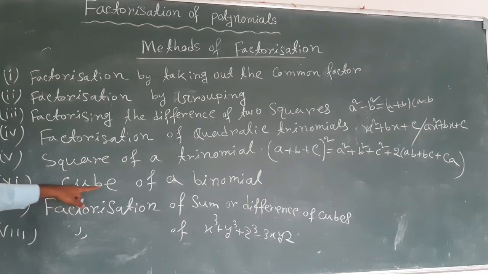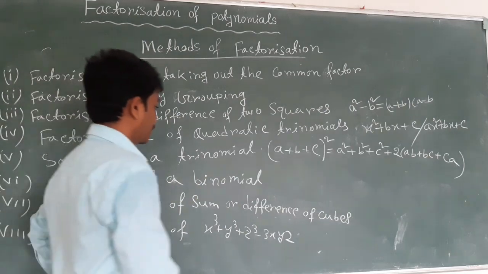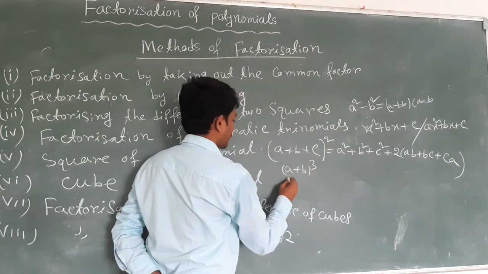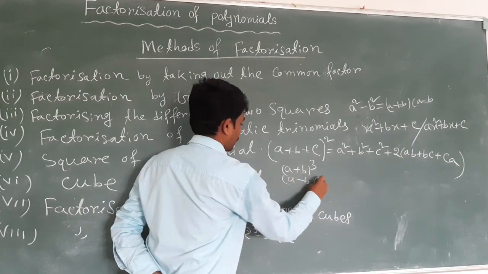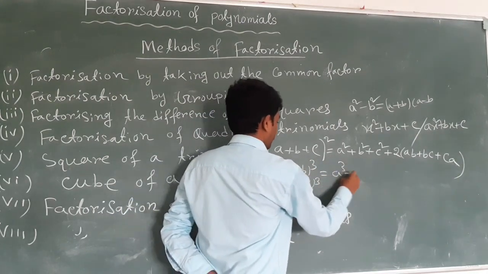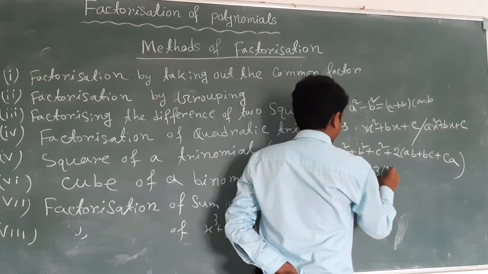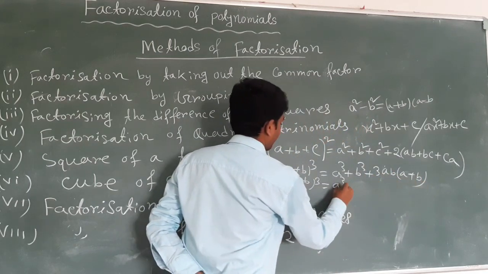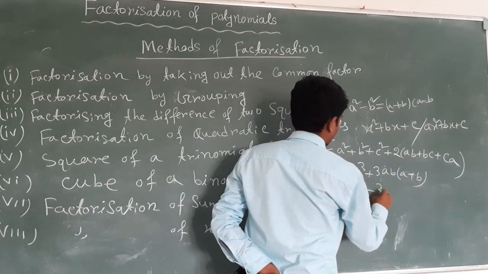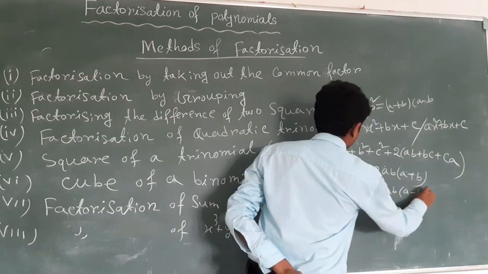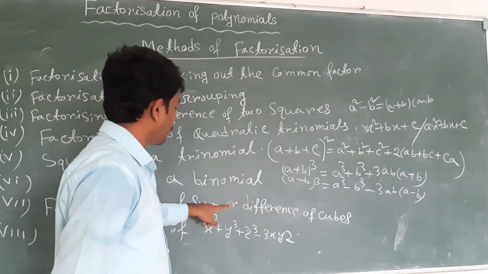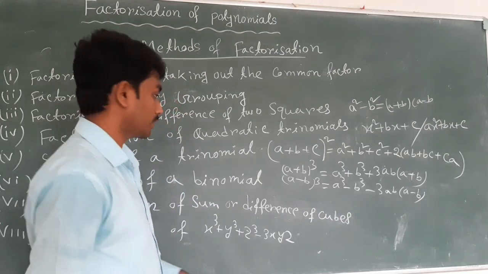Sixth method, cube of a binomial. That means we use a plus b whole cube or a minus b whole cube: a cube plus b cube plus 3ab into a plus b, and a cube minus b cube minus 3ab into a minus b. Seventh method, factorization of sum or difference of cubes.